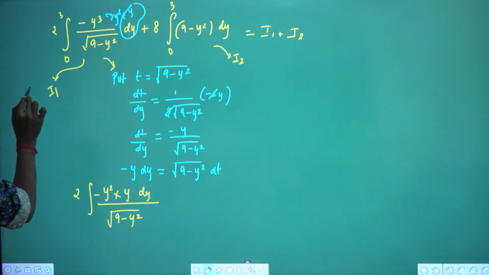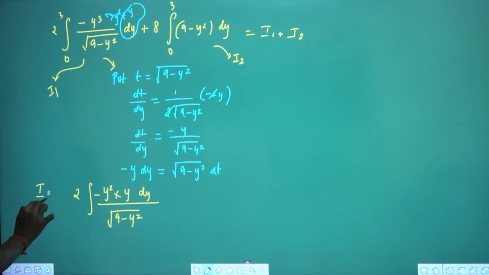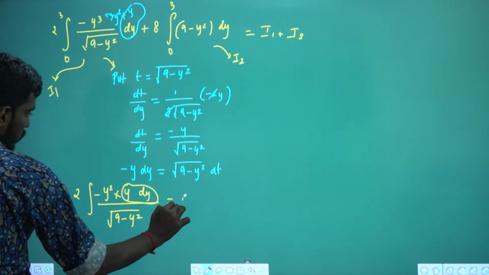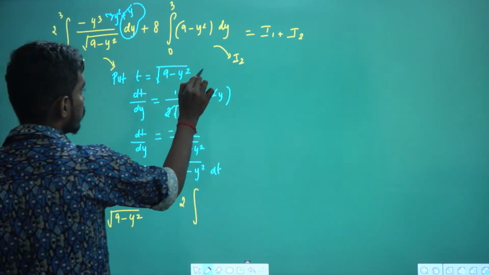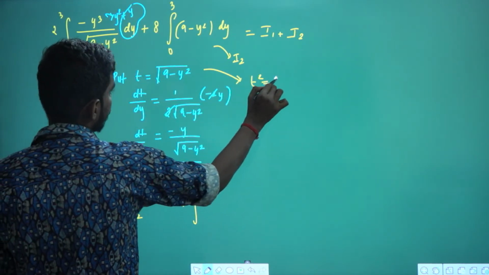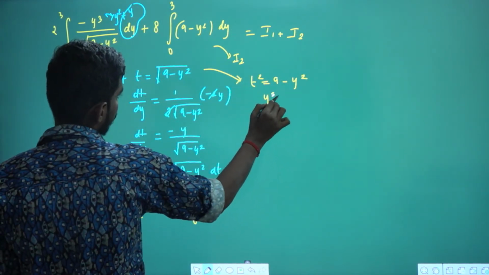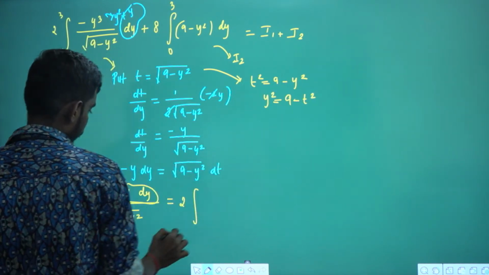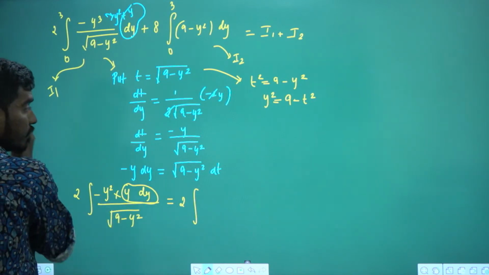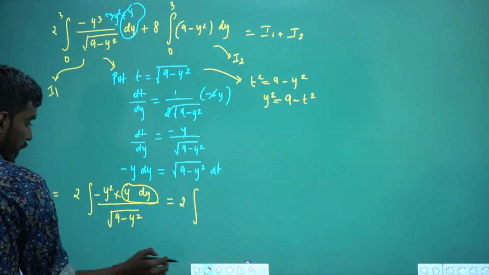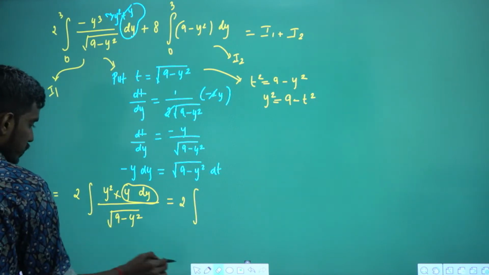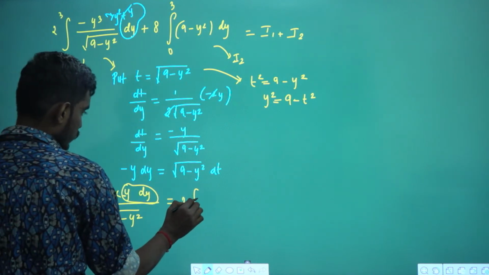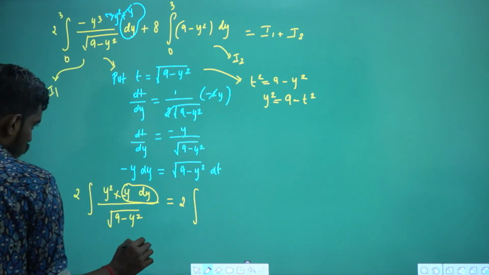So first you will evaluate I1, right? So this is y dy. So what is y square? So t square is 9 minus y square. So y square is 9 minus t square. So let me keep this. Okay, let me take this minus y dy because already we have minus here. So minus y dy is, okay, just a minute.